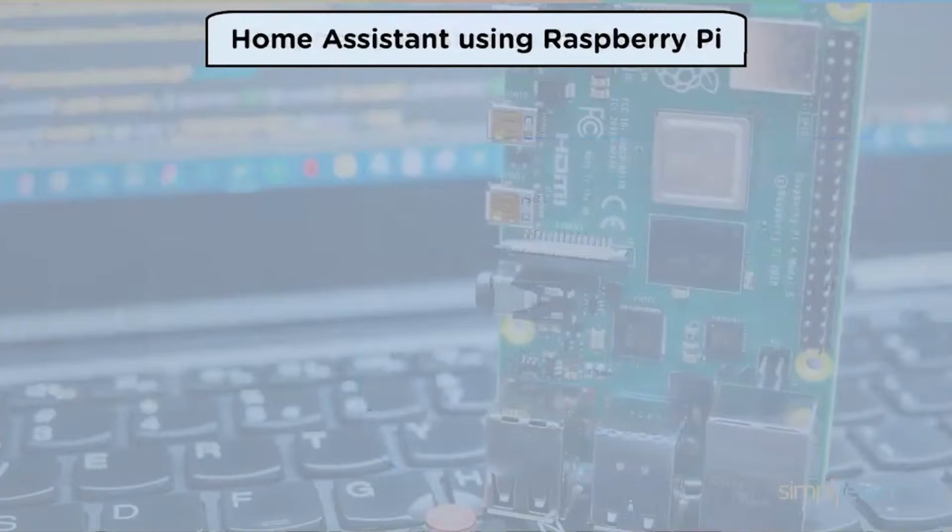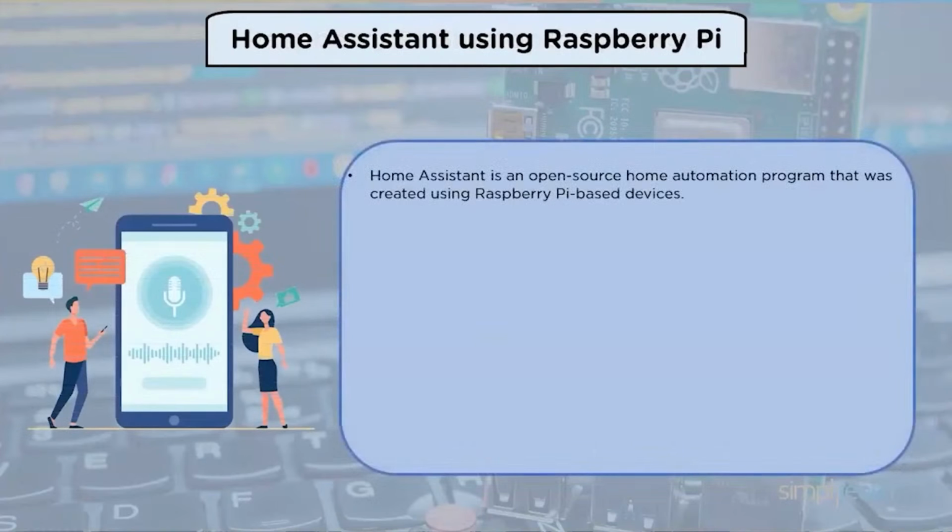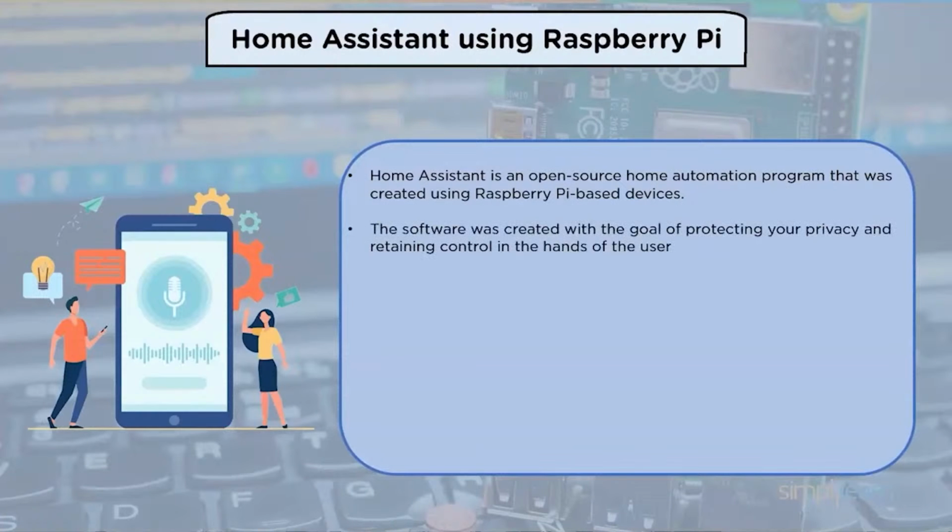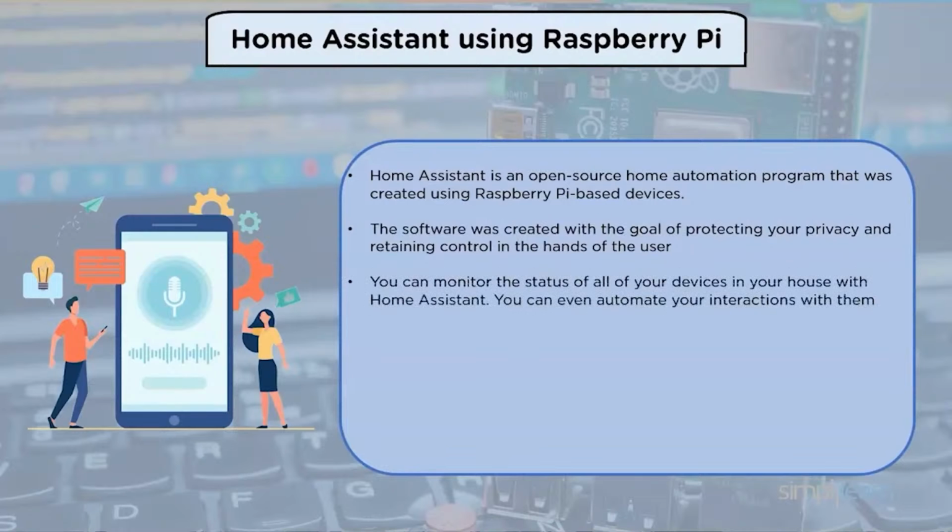Home Assistant using Raspberry Pi. Home Assistant is an open source home automation program that was created for Raspberry Pi based devices. The software was created with the goal of protecting your privacy and retaining control in the hands of the user. You can monitor the status of all of your devices in your house with Home Assistant.